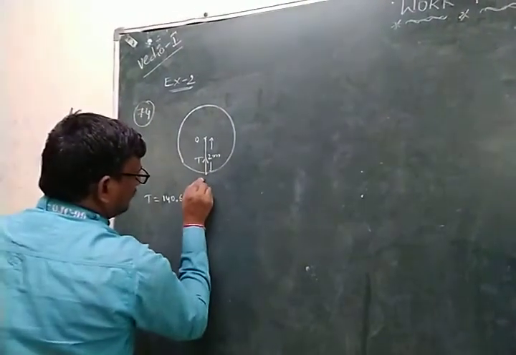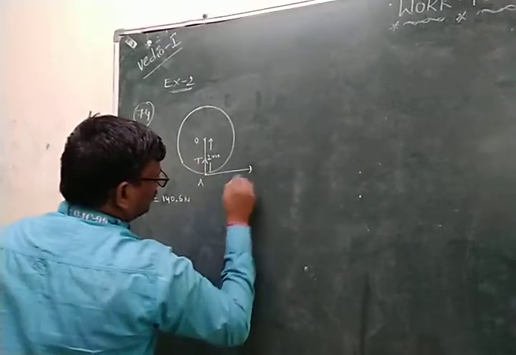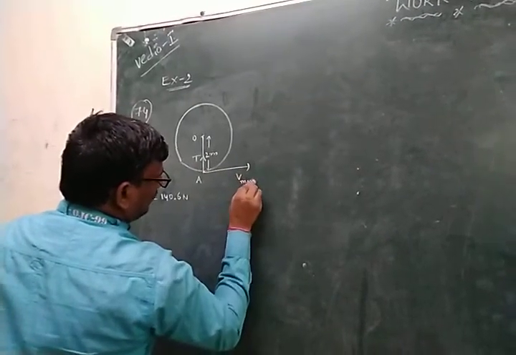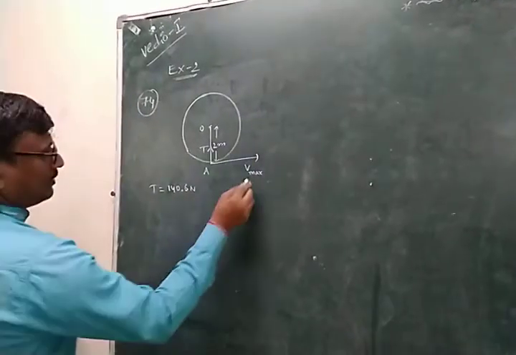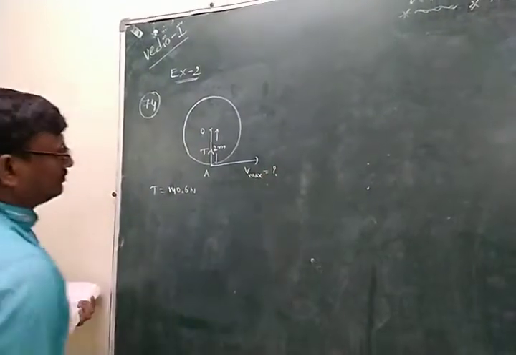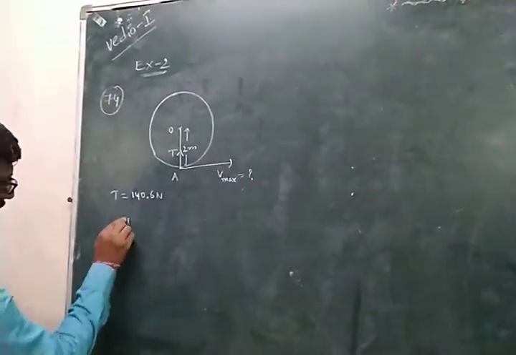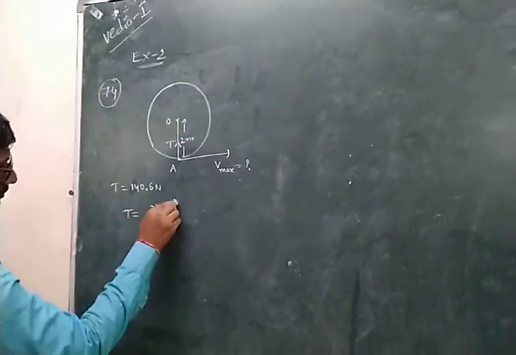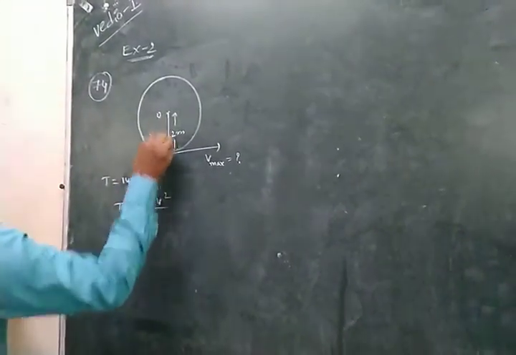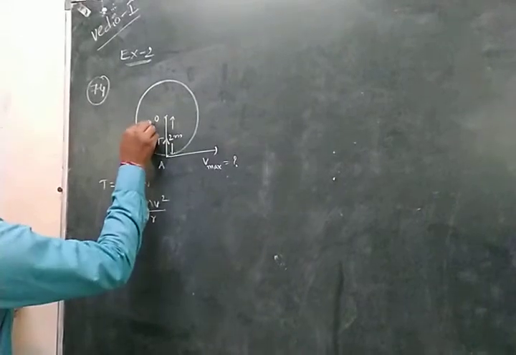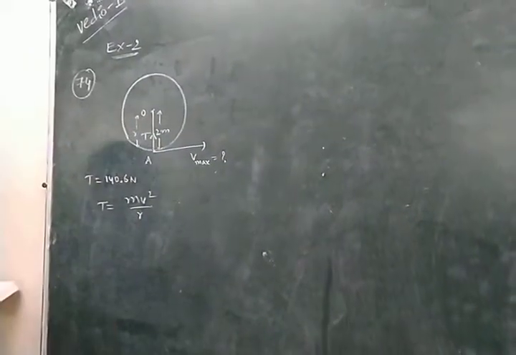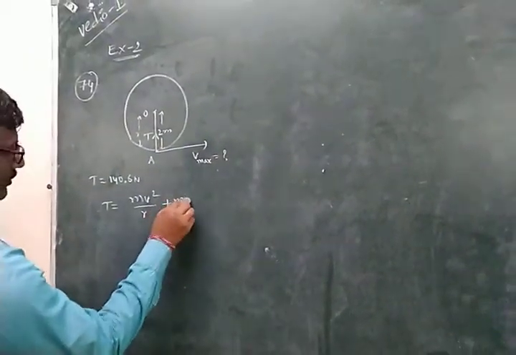See, this is the lower position A, and it is moving with velocity V maximum. We can find out V maximum. At the lower position, the tension is T equal to mv square by R, because its radius is the length, plus m into g.